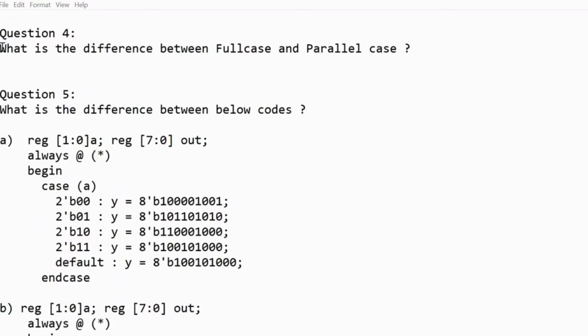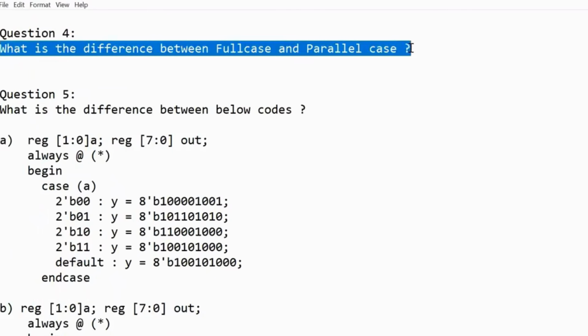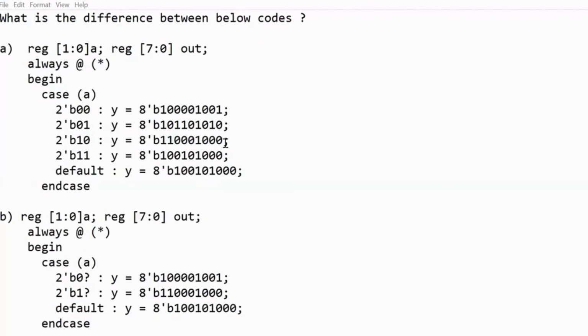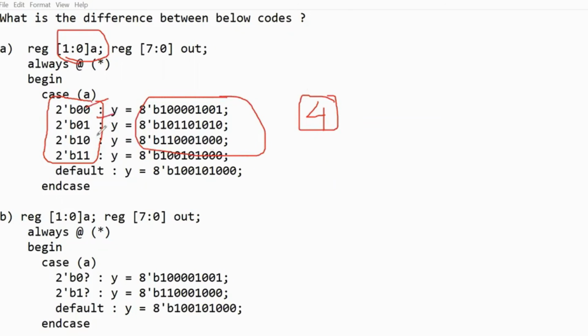Next, what is the difference between parallel case and full case? The difference is that in full case, all the combinations are written. See, here I have taken A as 2-bit. 2-bit means how many combinations? 4 combinations. For all 4 combinations, we assign some value here. We took all 4 combinations. That is nothing but full case.